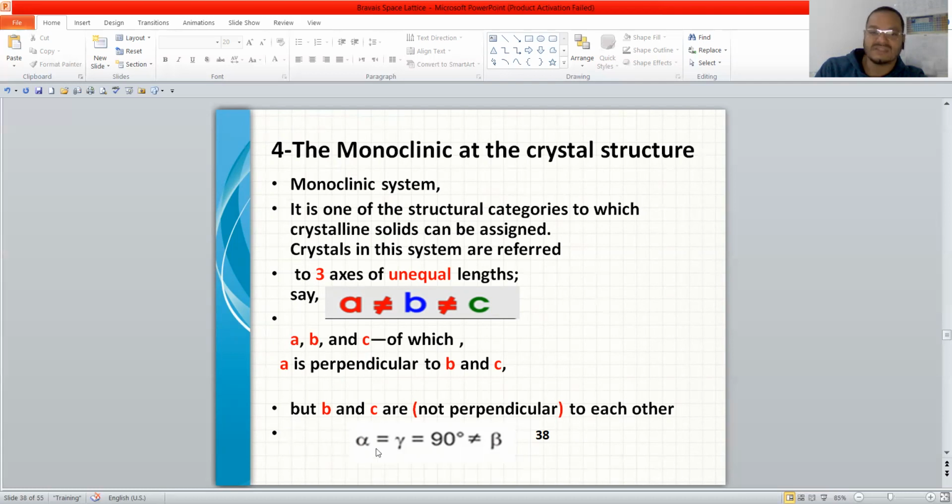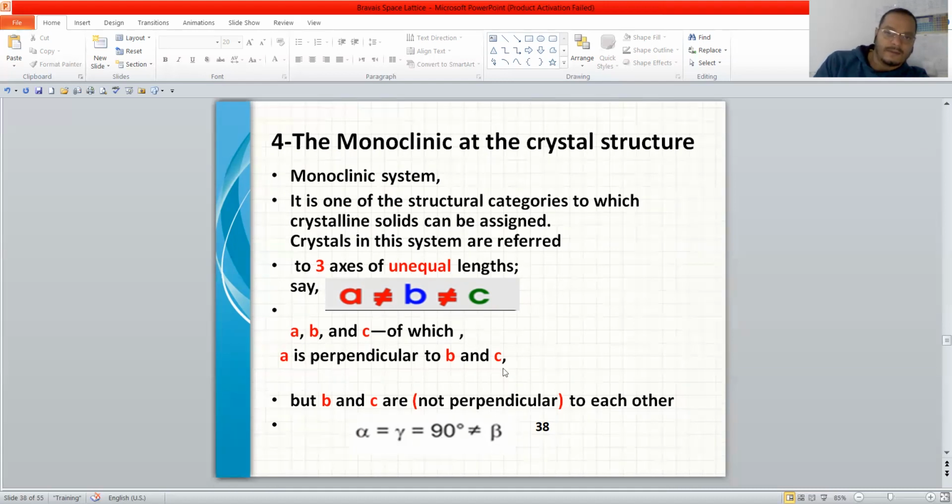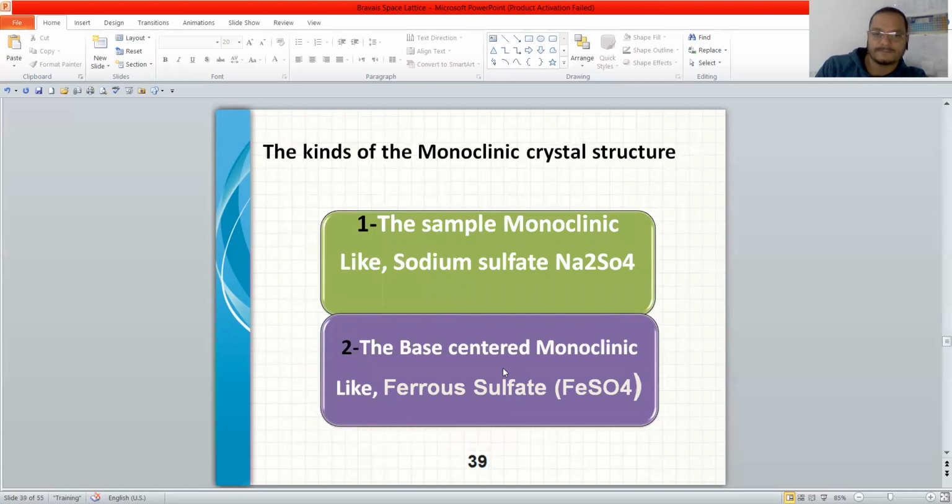That means alpha equals gamma equals 90 degrees, but doesn't equal beta. We have 2 kinds, the simple monoclinic like sodium sulfide and the base-centered monoclinic like ferrous sulfide.